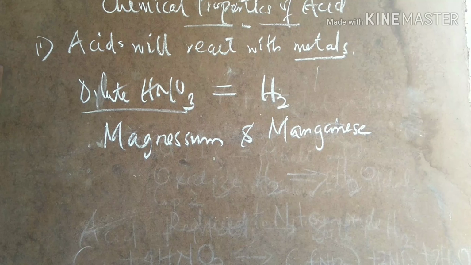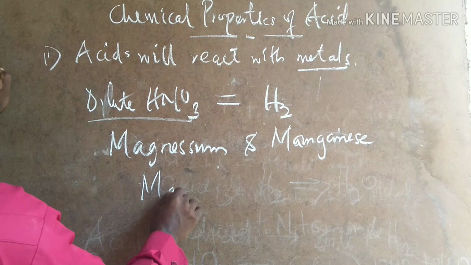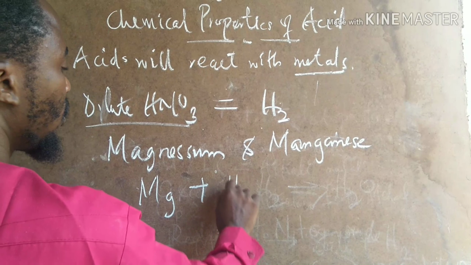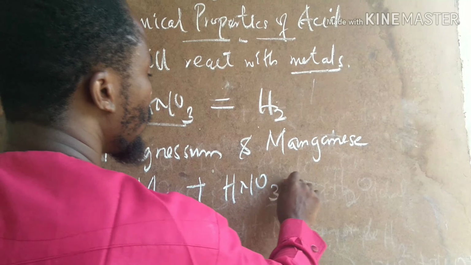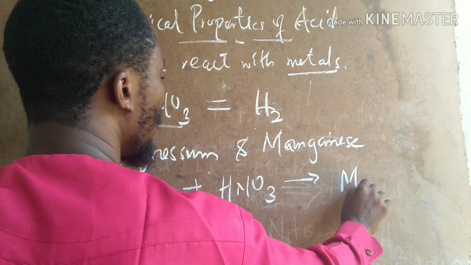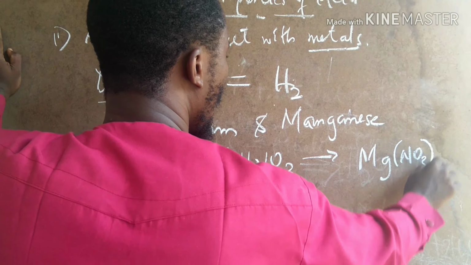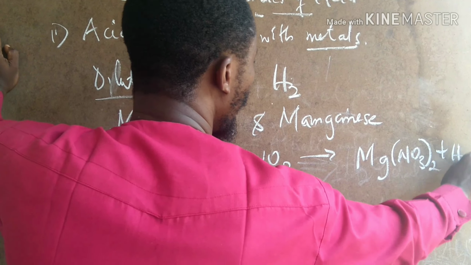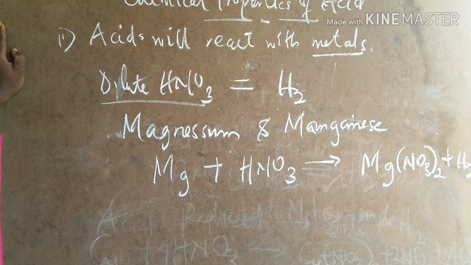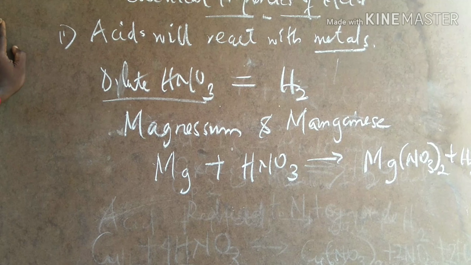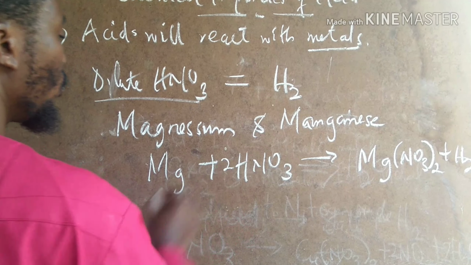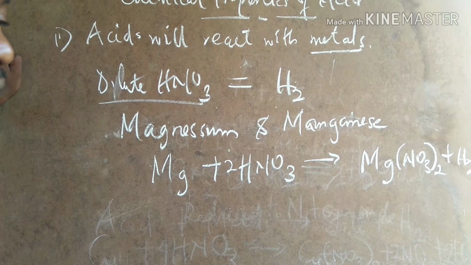Is that clear now? So when you take Mg plus HNO3, it will liberate Mg(NO3)2 plus hydrogen gas. You get it now? So we balance this, okay? 2, balance. I think it's balanced like that.